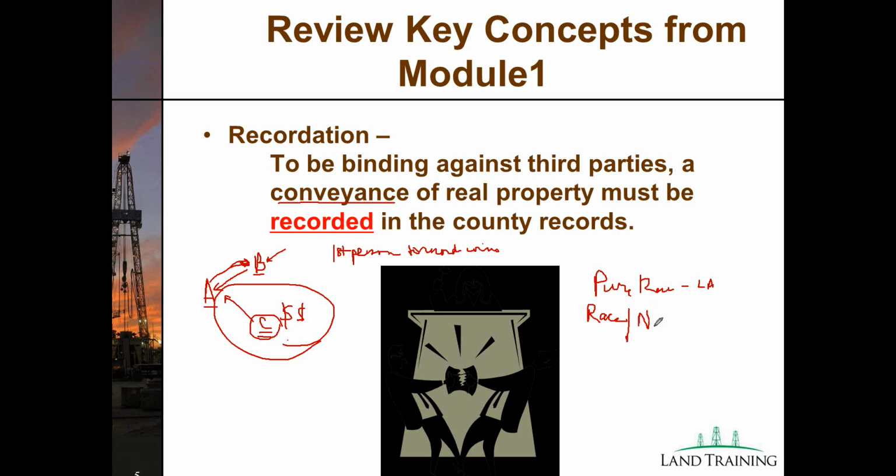And in a race notice state, if I had told C, well, C, I'm happy to lease from you, but I actually already leased from B, and C says, I don't care, let's just go ahead and do it, and C files of record first, he cannot take advantage of being the first to record because he had notice that there was another lease. So that's what the race notice statute says, or the race notice states. If C had prior knowledge that there was already a lease on there, even if C records first, he won't be the winner.